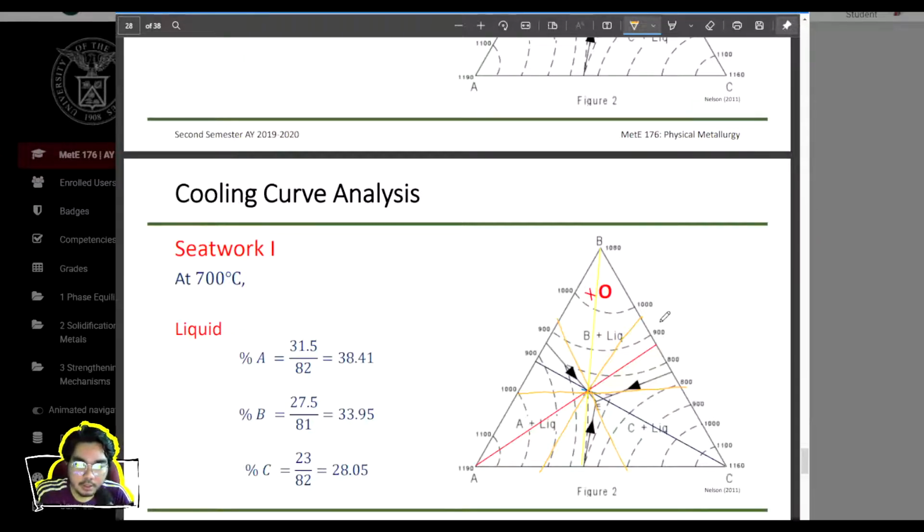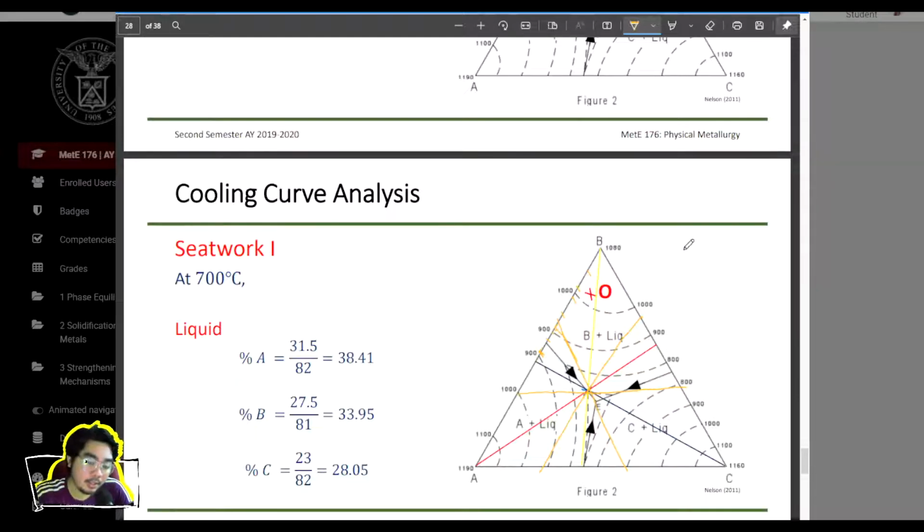So if we try to estimate, wala kasi akong markings, pero if this is 50, kalahati, 50, 10, 20, 30, 40. So ang compute percent A is around 38. Off lang ako konti, so baka 38.